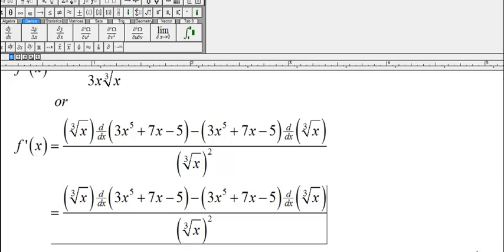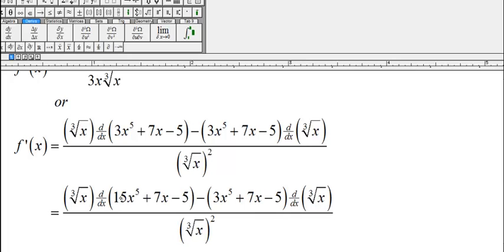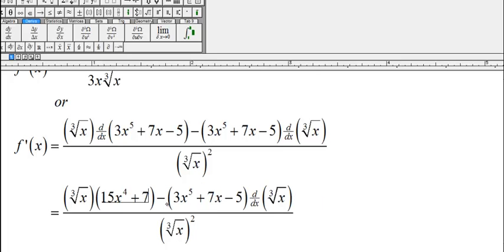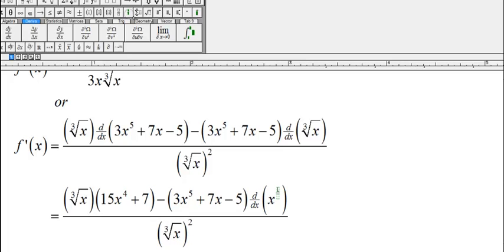Alright, so here we get 15x to the fourth. We're taking this derivative here. Plus 7 plus 0. And here, this is x to the 1/3. So I'm still going to have to think of this as x to the power 1/3 in order to do this part.